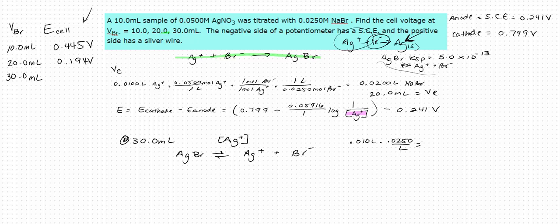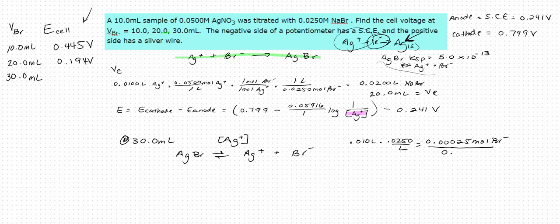Now you can do this by subtraction as well. I'm just showing you a different way. If this way doesn't make any sense to you, use the way that is presented earlier in the writing. So we have this many moles of bromide in excess, but we don't need the moles, we need the concentration. So we take this and we divide it by the total volume. The total volume at this point is 40 milliliters.